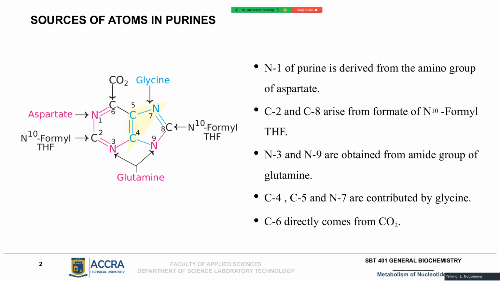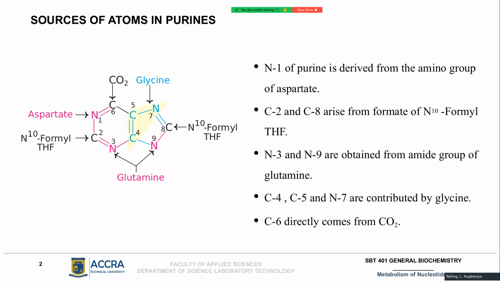So you had studied the basic units of nucleic acids to be nucleotides. And these nucleotides have nucleobases or nitrogenous bases. And these nitrogenous bases are divided into two major groups, the purines and the pyrimidines.